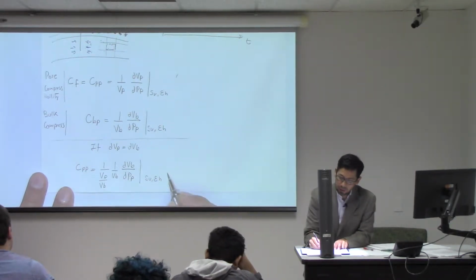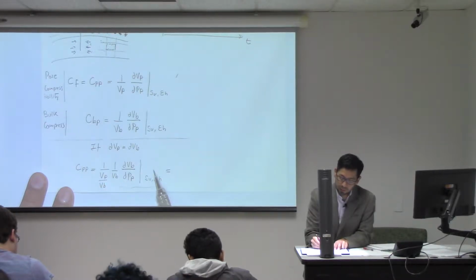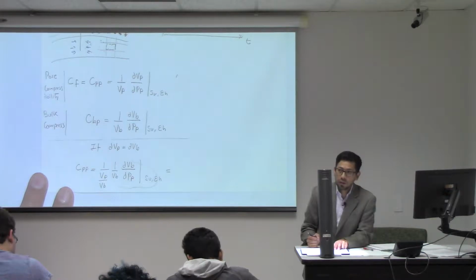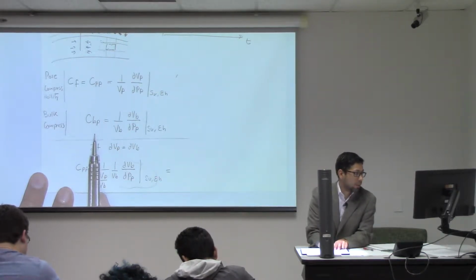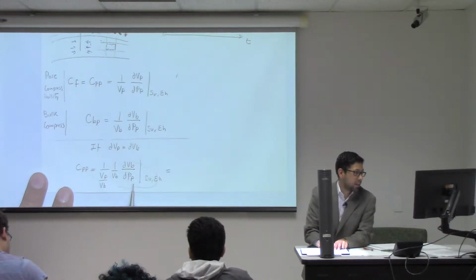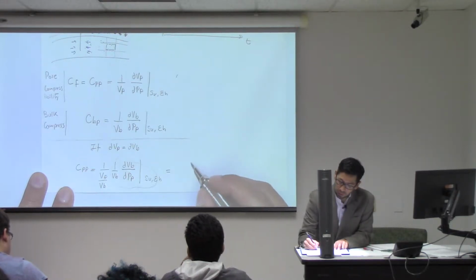But now, as you can see from here, what is this guy? Is that one over there, right? It is the bulk compressibility, as we defined it before. And what about this one? So let me just write the one on top.